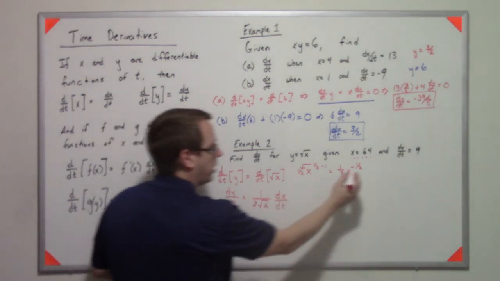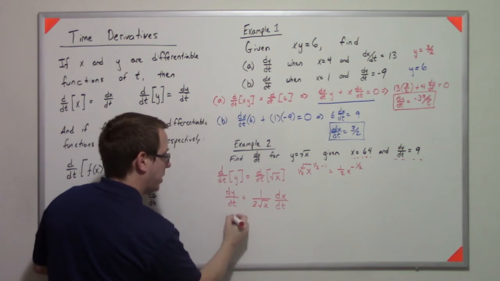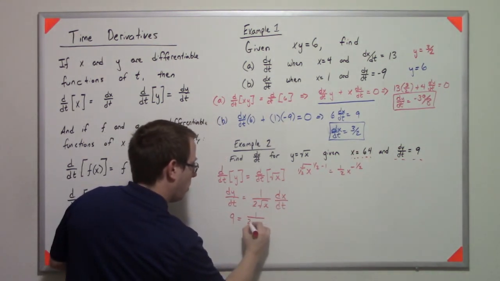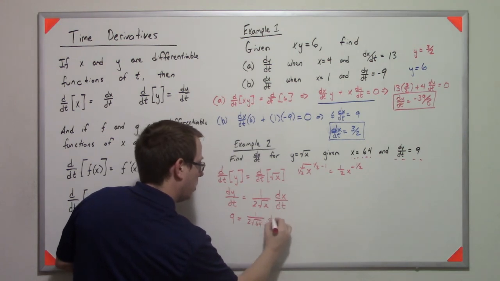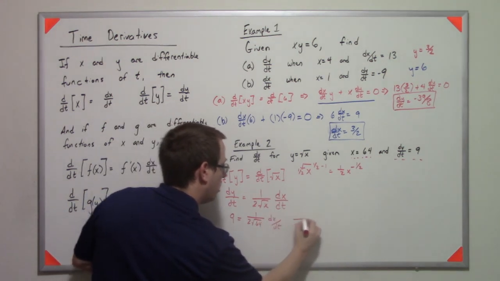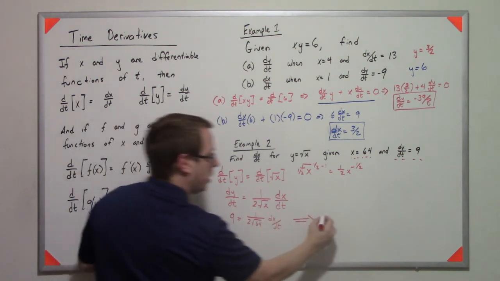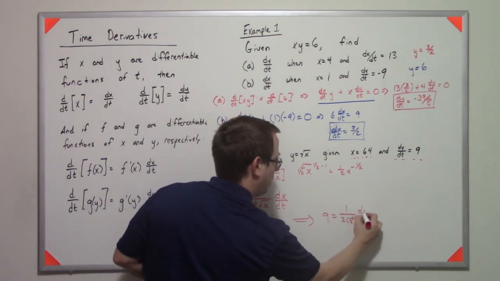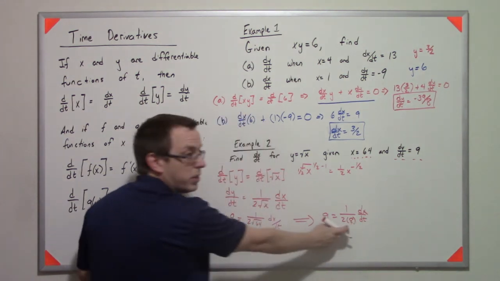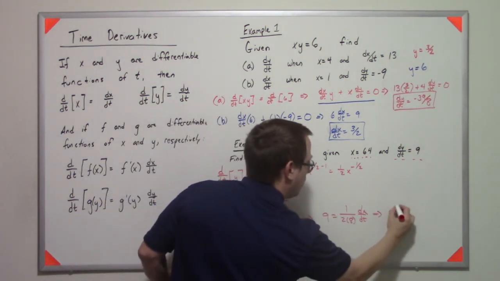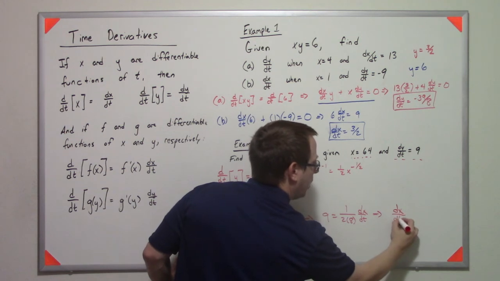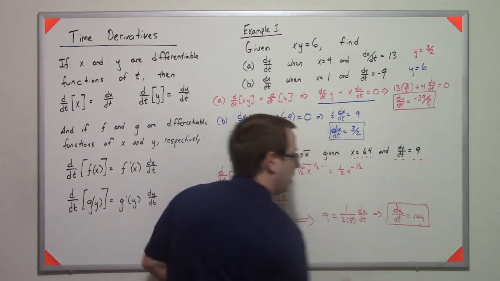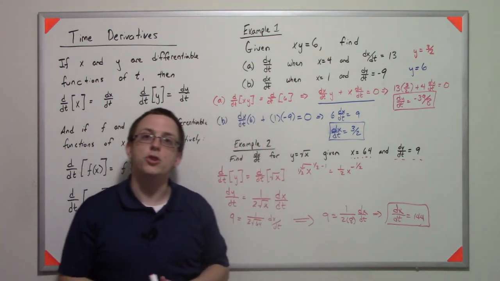So in this particular case, we're given that dy/dt is 9 and that x is 64. So that's 9 equals 1 over 2 times 8 times dx/dt. So that's 16. By multiplying, I get dx/dt is 144.